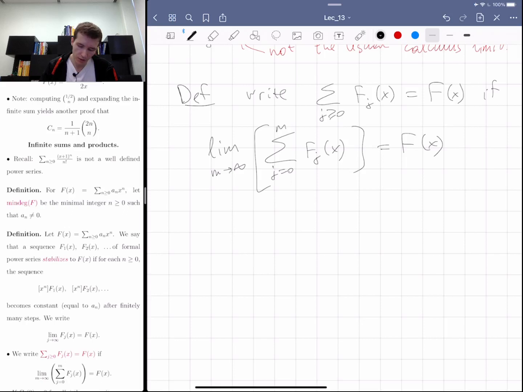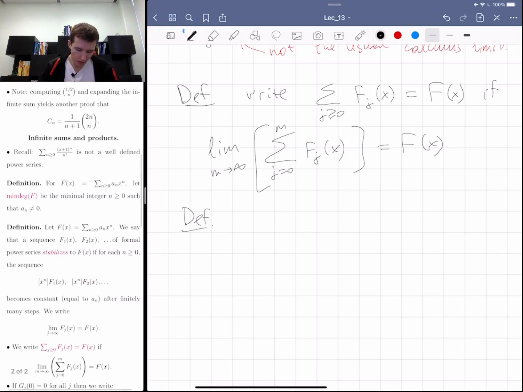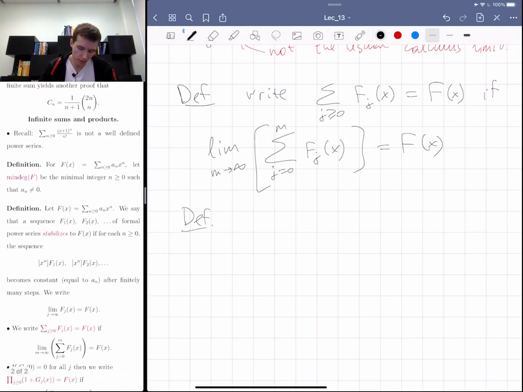And here's a definition of an infinite product. For infinite products, I'm going to assume that the constant term of each term in the product is equal to 1. And I'm going to write it in this way.